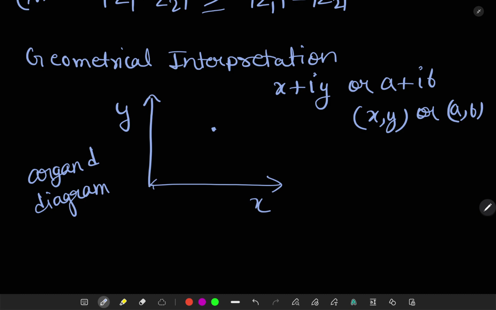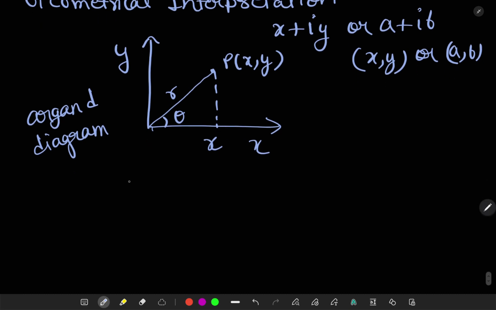Here you can see this is point P and these are its coordinates x and y, this is angle theta, and this is distance r. So here x equals r cos theta, y equals r sin theta.